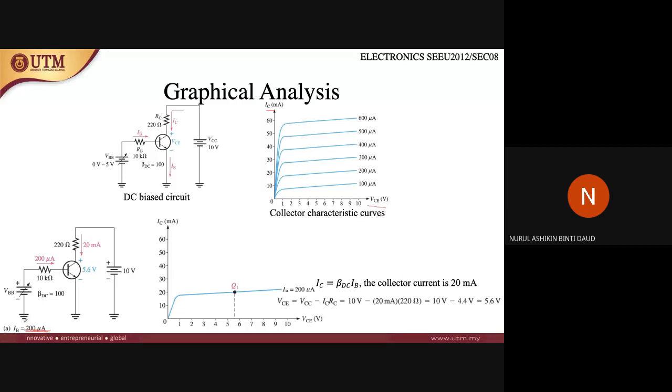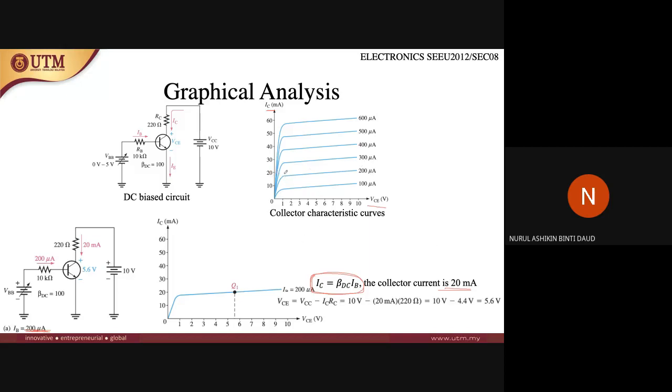So at 200 microamps, the value of IC can be calculated using the beta DC formula. So the collector current is calculated as 20 milliamps.